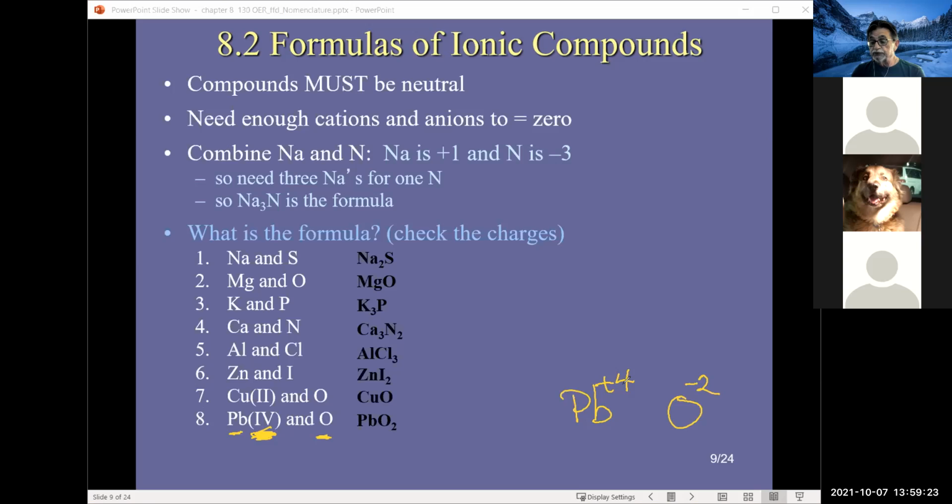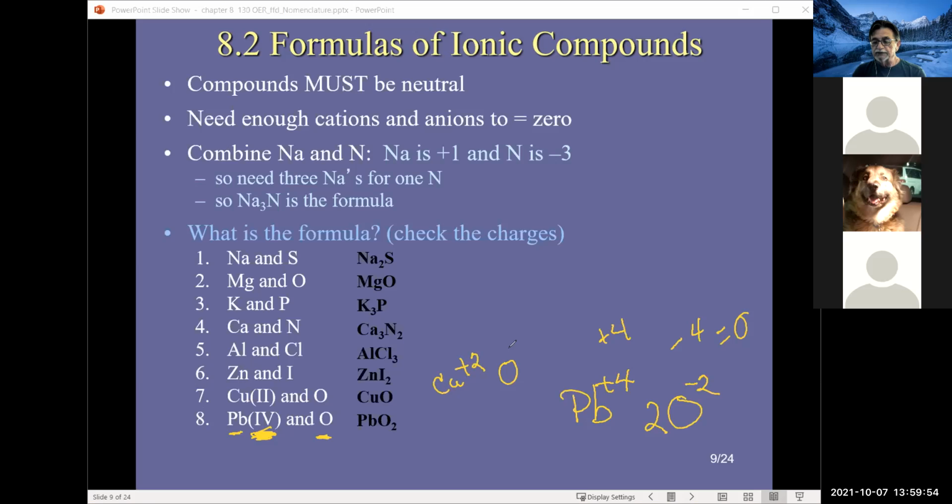Now I got a +4 and a -2. How many -2s do I need to cancel the +4? Well, I need 2 of them. So that gives me a +4, and this gives me a -4 because I got 2 oxygens. That balances out to 0. So that 2 is now the subscript. That's why I got 2 oxides, just like I did up here with, well, not with copper. Copper 2, that is the charge for copper.